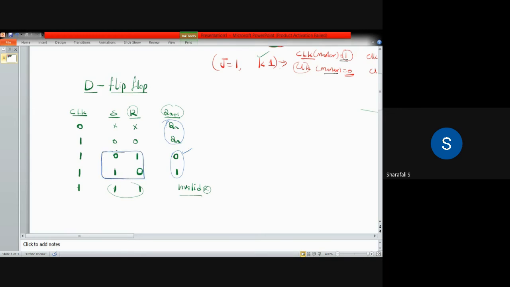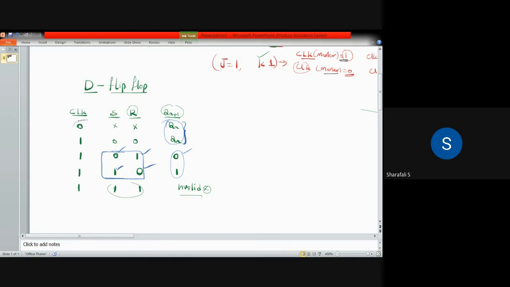If you are taking S equal to 0, then R equal to 1. Or if you are taking S equal to 1, then you are taking R equal to 0. So we are just taking the two inputs inverted. Considering these two states, they will be acting as your memory. So we are not having any change in your output if you are using these conditions.